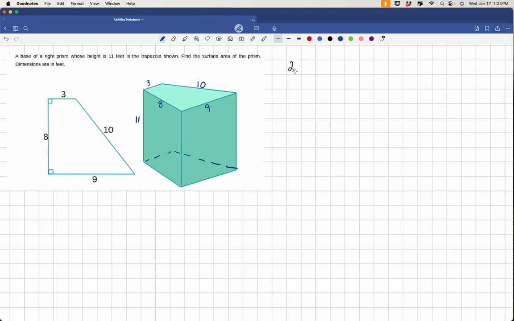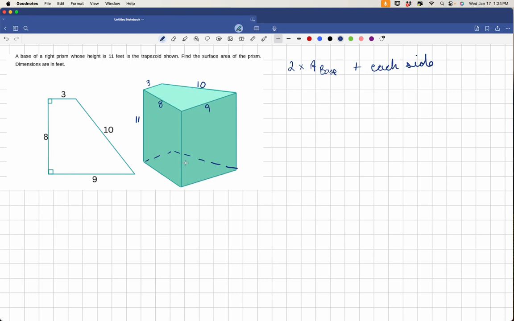So it's 2 times the area of the base plus each of the 4 sides. That's what you're doing to find the surface area of the prism.